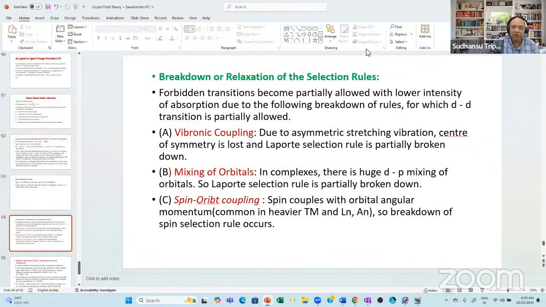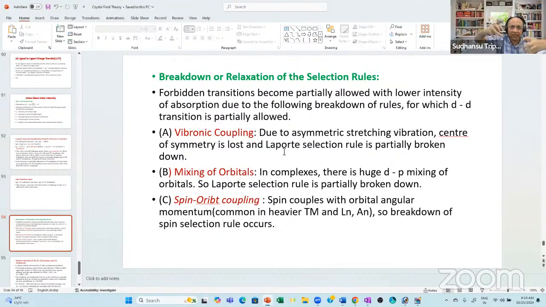But some breakdown of the selection rule, particularly the Laporte selection rule, happens due to vibronic coupling. Vibronic coupling means the bonds vibrate. If a common atom is there with two bonds, then there can be two modes of vibration. If both bonds are vibrating in the same phase, both expanding, both contracting, this is called symmetric vibration.